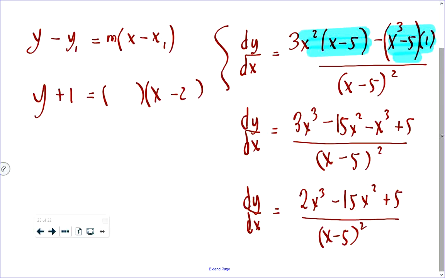So let's everybody put 2 in here and find out what we get for the slope. See if I can redeem myself here.